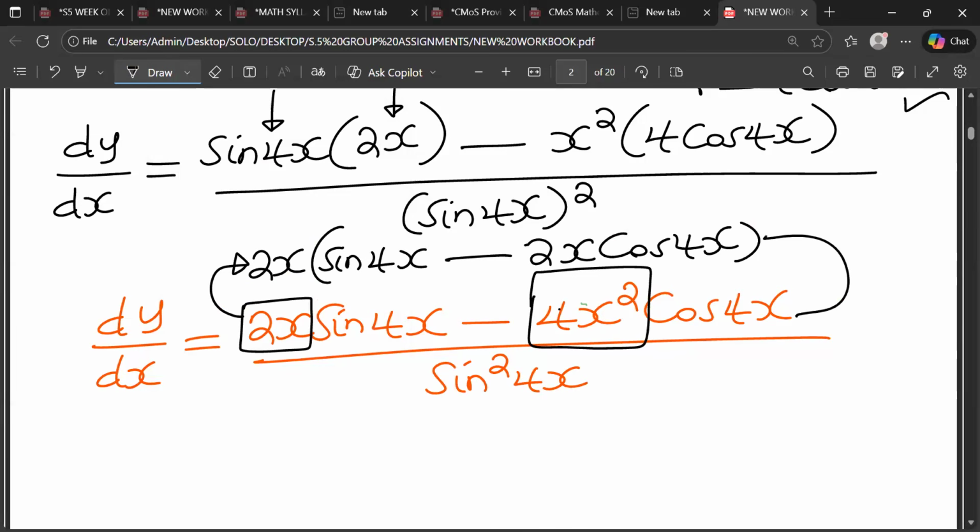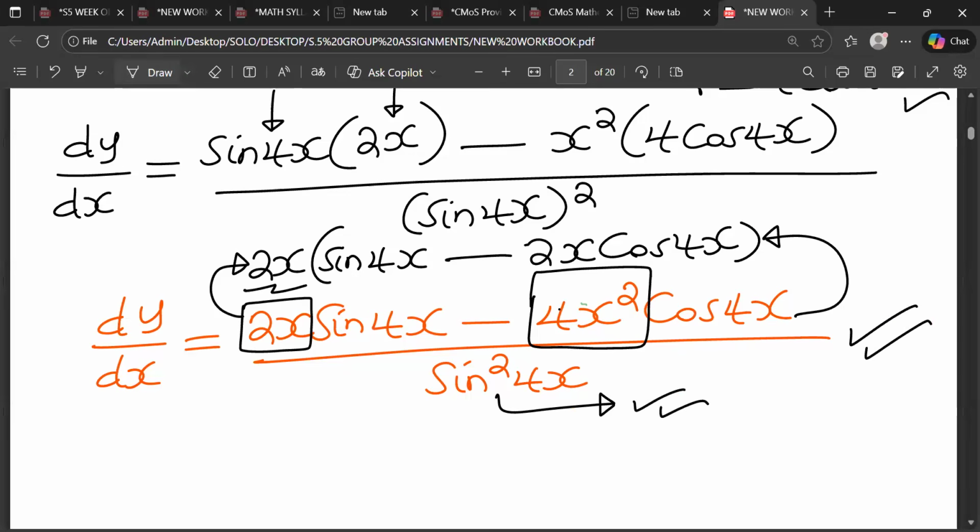That's if someone just decides to pull out the 2x. But even if you don't and stop there, you get your marks. You've substituted and simplified. Period. Why would you want to change this? No need. Have you identified u and v? Have you differentiated each? Have you substituted in the quotient formula? Period. Nothing much. And that's what they usually do.